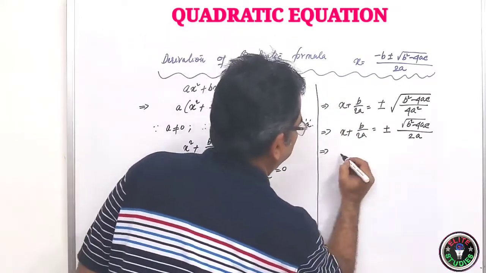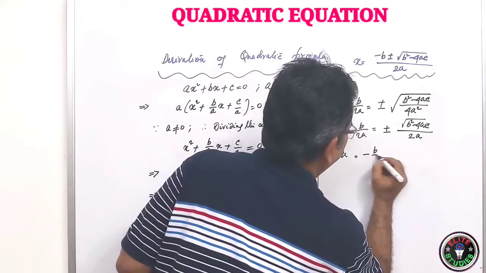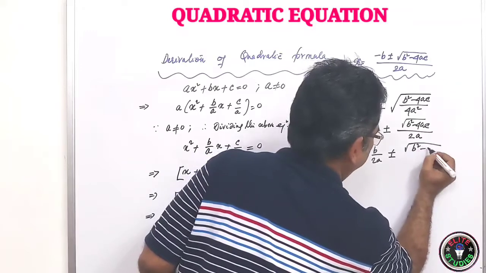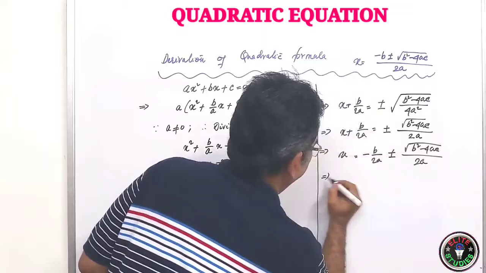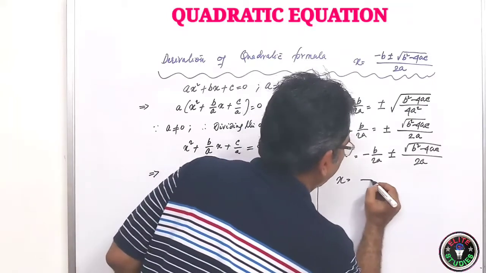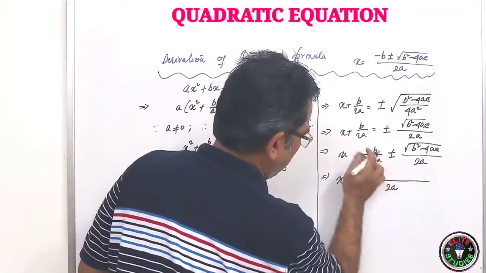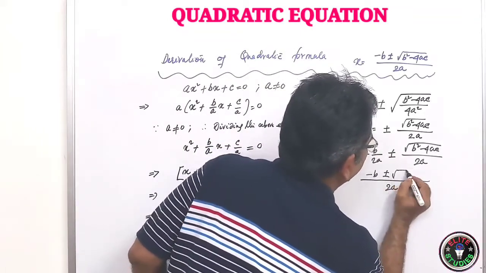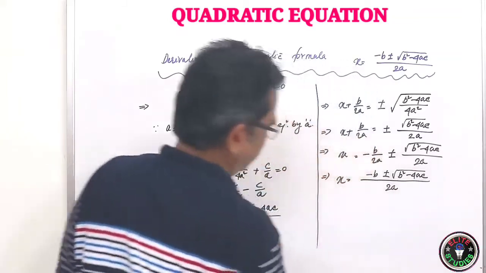So x, now you bring it to that side, is equal to minus b by 2a plus minus root over of b square minus 4ac by 2a. So x is equal to, the LCM will be 2a, so it is minus b plus minus root over of b square minus 4ac by 2a.